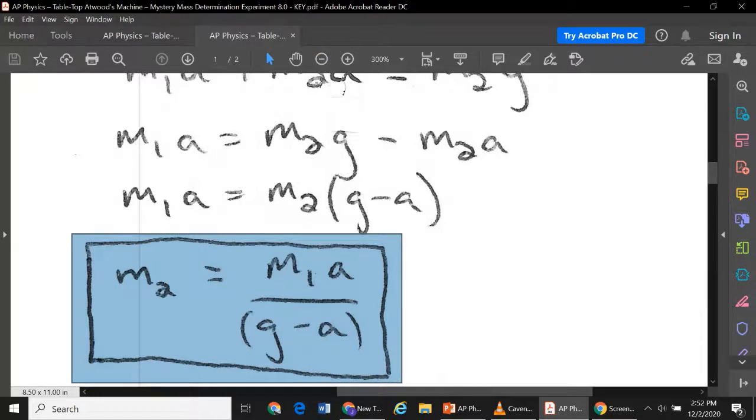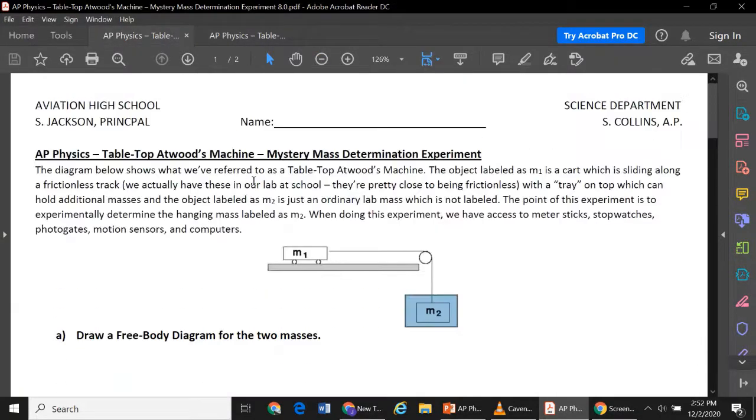But if we go back to the list of materials that we had, notice here we have meter sticks, stopwatches, photo gates, motion sensors. It is just a fact, whether you realize it or not, that although you could use a meter stick and a stopwatch to measure the acceleration of the cart, and you could use the equation a equals 2 delta x over t squared, as long as you start the cart from rest, that will work.